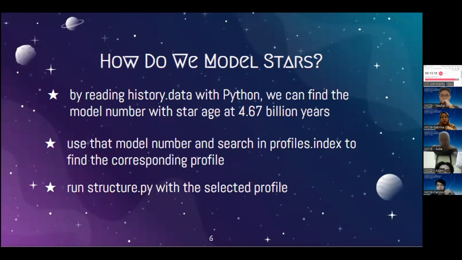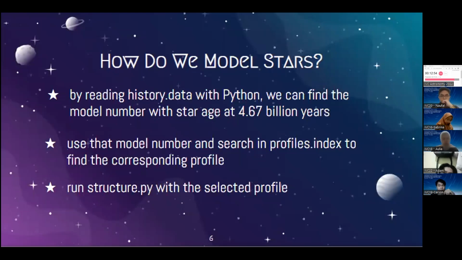The history of the run is saved in the file called history.data. The file provides general information about the entire stellar model as a function of time. By reading the file with Python, we can obtain the model number with star age of 4.67 billion years. That is for question 1 in our project.